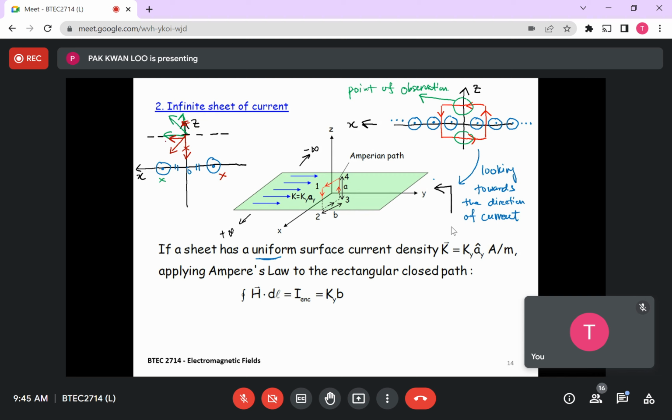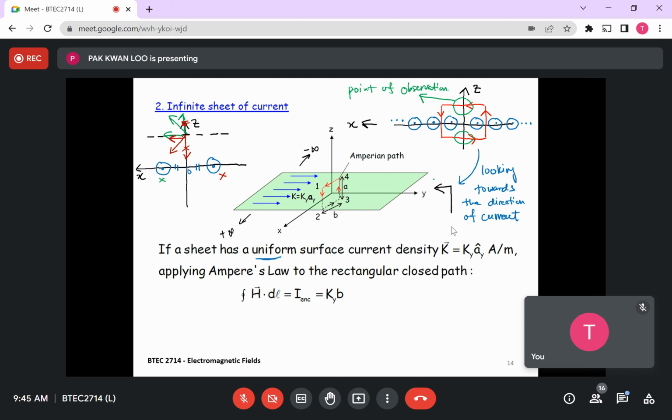Only the component which is horizontal, which is pointing in the x direction, remains. So this is only, I mean, I've only illustrated two current elements here. If I extend a few more, the result will be the same, right? The result will be the same.